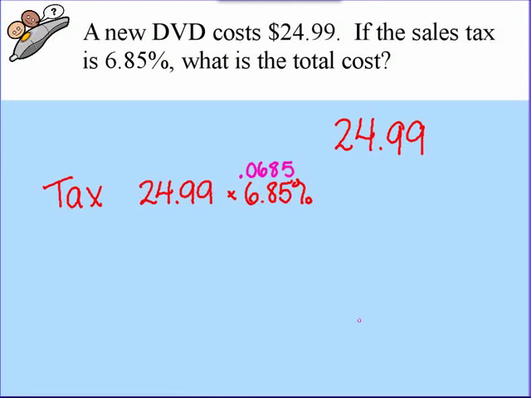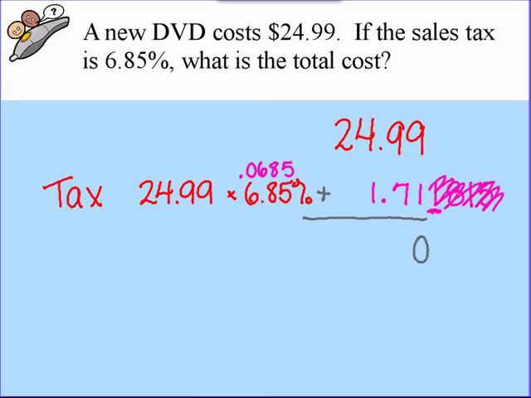Take 24.99 times 0.0685. And what do you get? $1.71. You get 171, and then it's 1815. Now how tax works is it works with normal rounding. And so in this case, since this one here isn't above a 5, your tax is just going to be $1.71. And so then your final step will be to just go ahead and add those two amounts together.